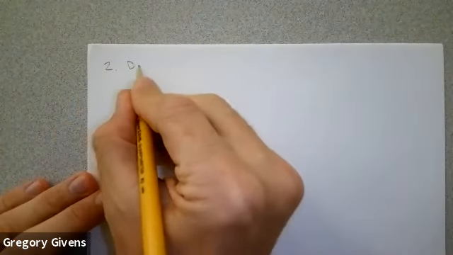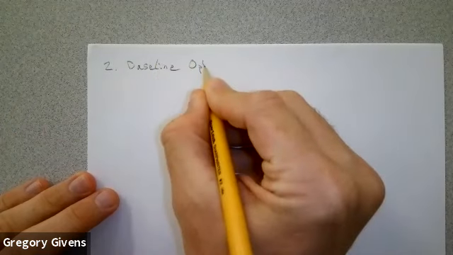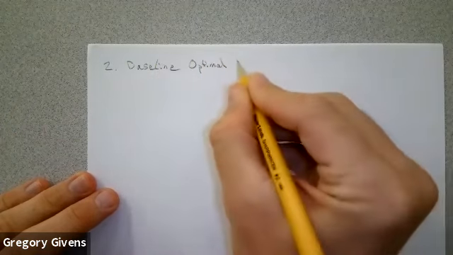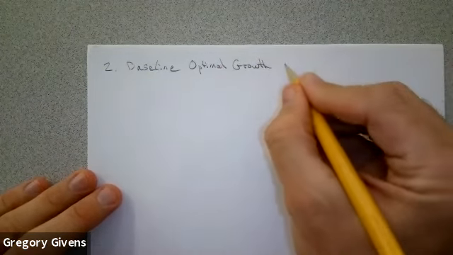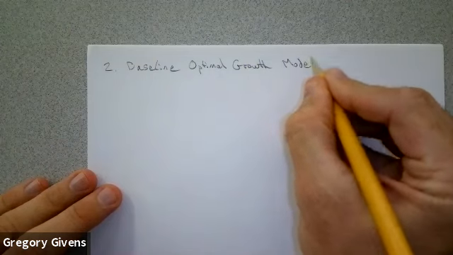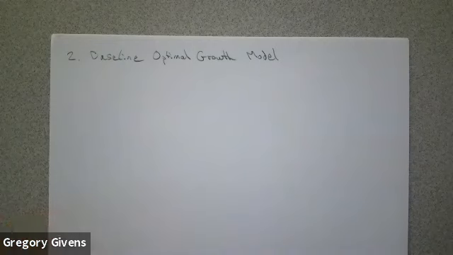Let me just state, I'm not going to get into this today, but just to set this up for the next class. We're now going to go back to the baseline optimal growth model. So we're not going to be willing to make these strong assumptions on utility and production, okay?